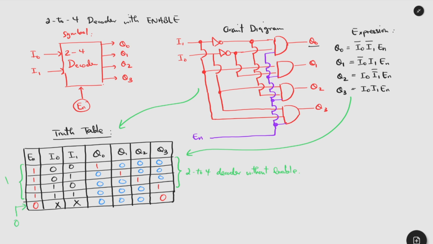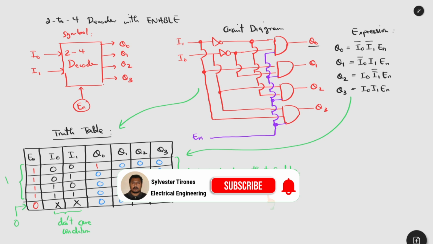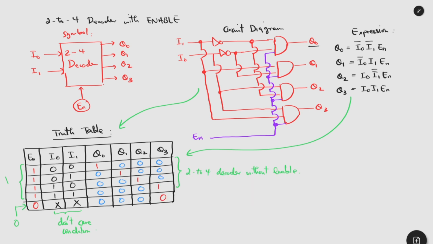That means whenever there is input at I0 or I1, these two columns become a don't care condition. That means whether we have 0, 0, 0, 1, 1, 0 or 1, 1, it doesn't care because all this output will be 0, as you can see from row 5 of the response of the 2 to 4 decoder.